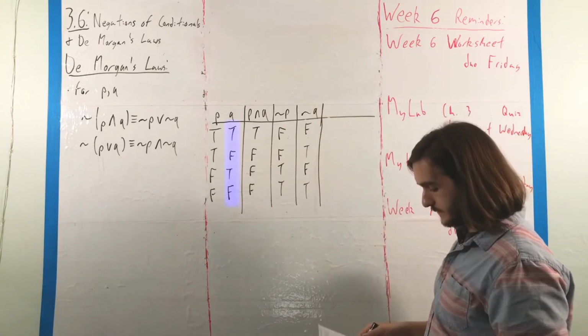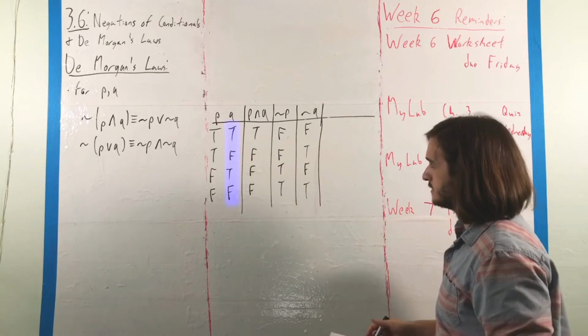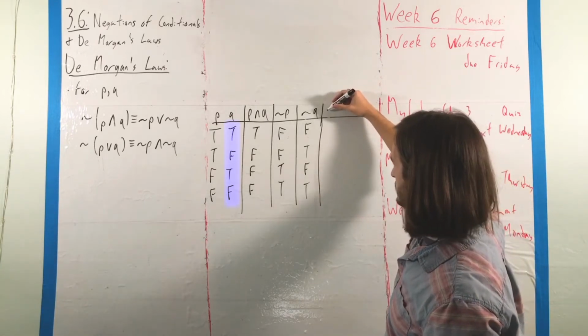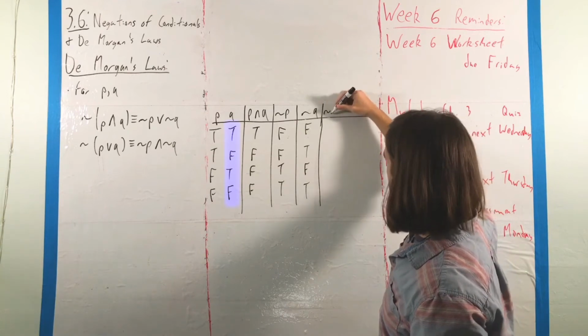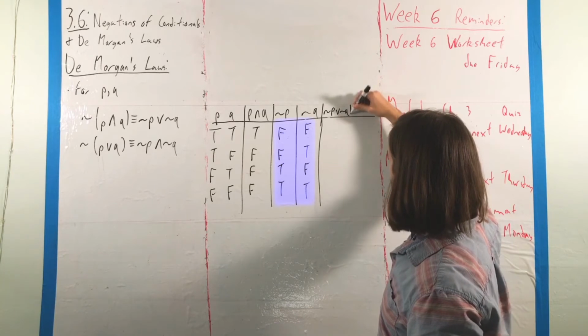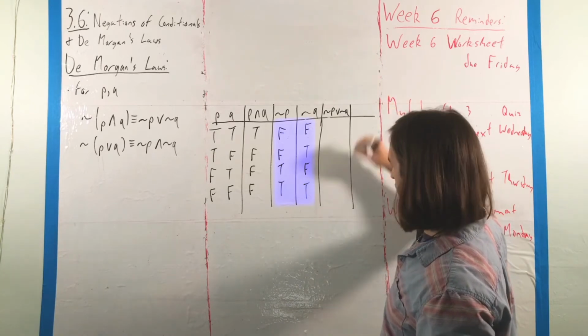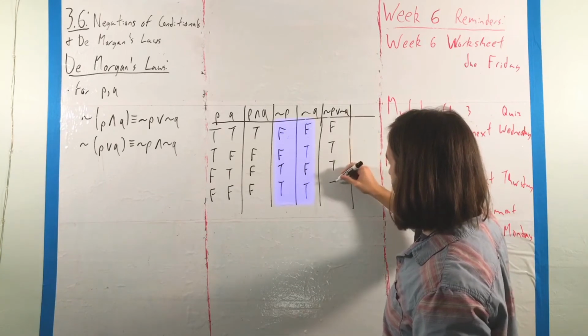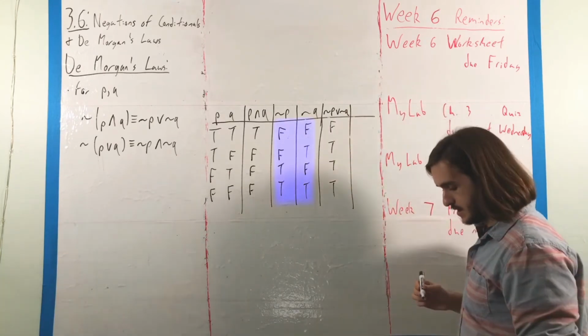So, if we were to take this and look at the disjunction between them, not P or not Q, what we would get is a statement that is false, true, true, true.